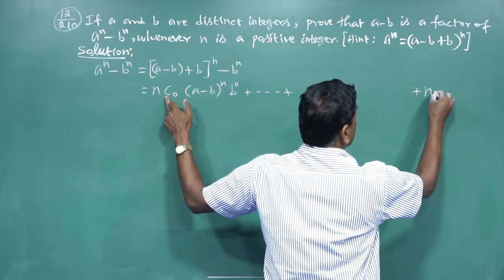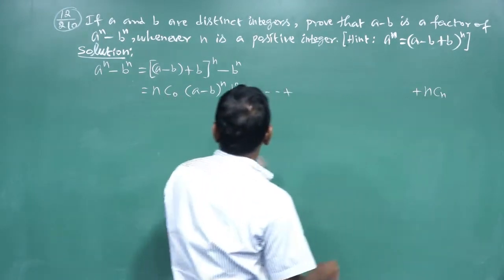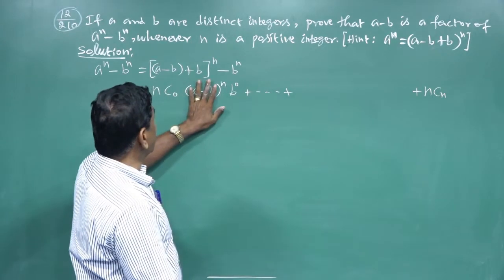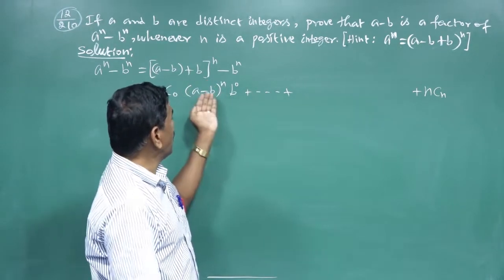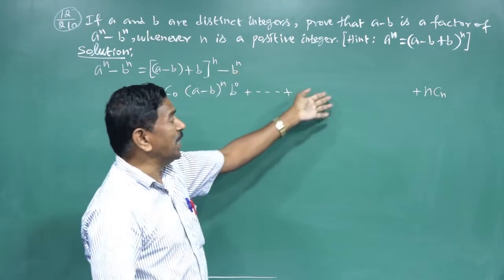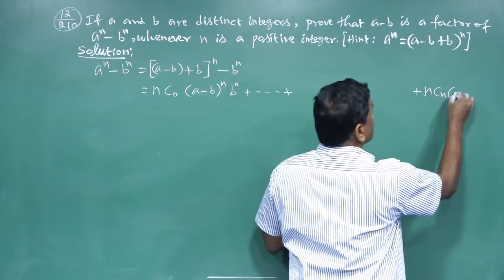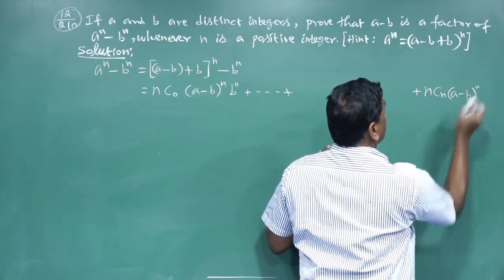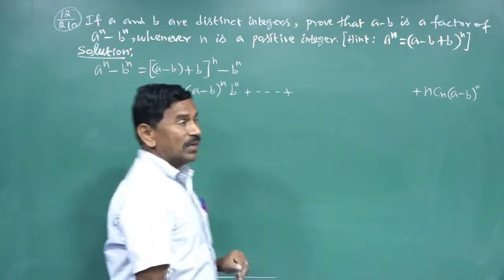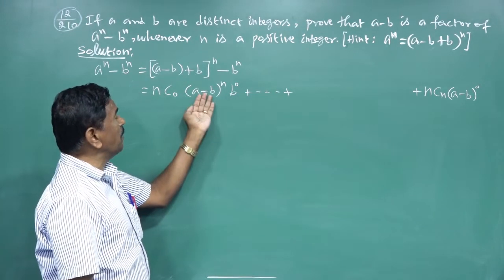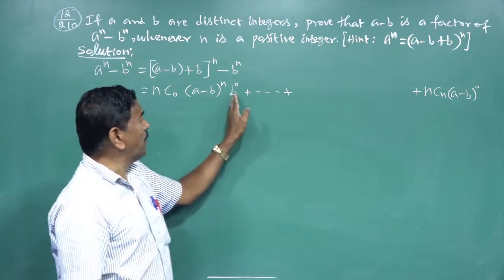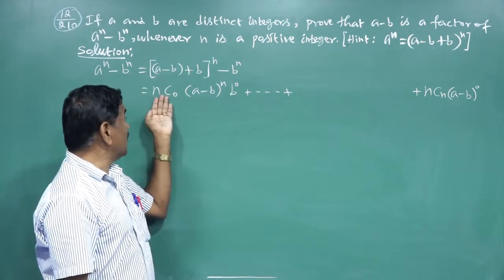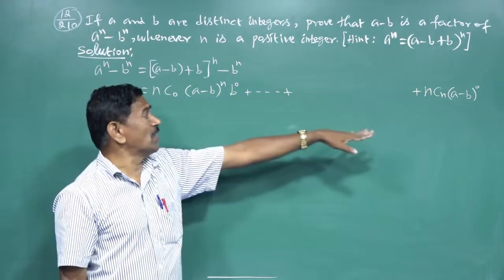Here the powers of (a minus b) are reducing, n, n minus 1, etc., down to (a minus b) whole power 0, and the powers of b are increasing. The combinations increase: nC0, nC1, etc., nCn.